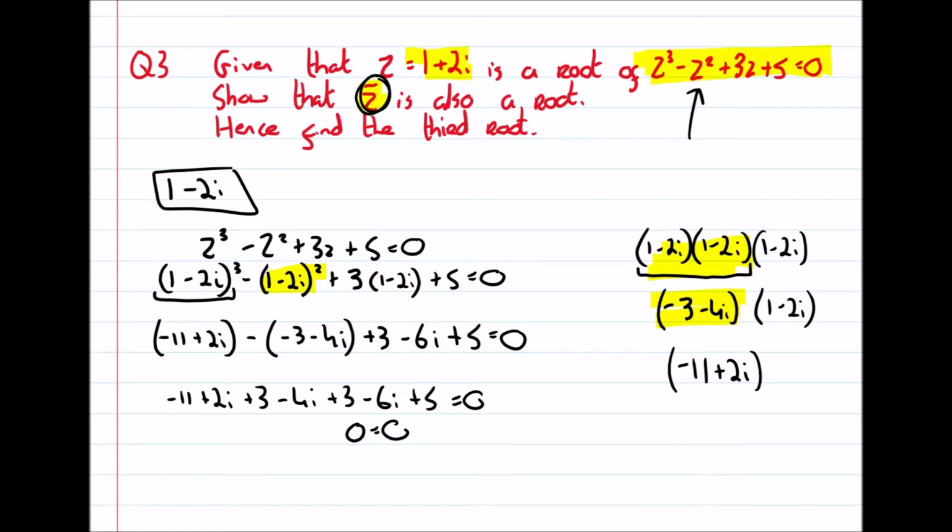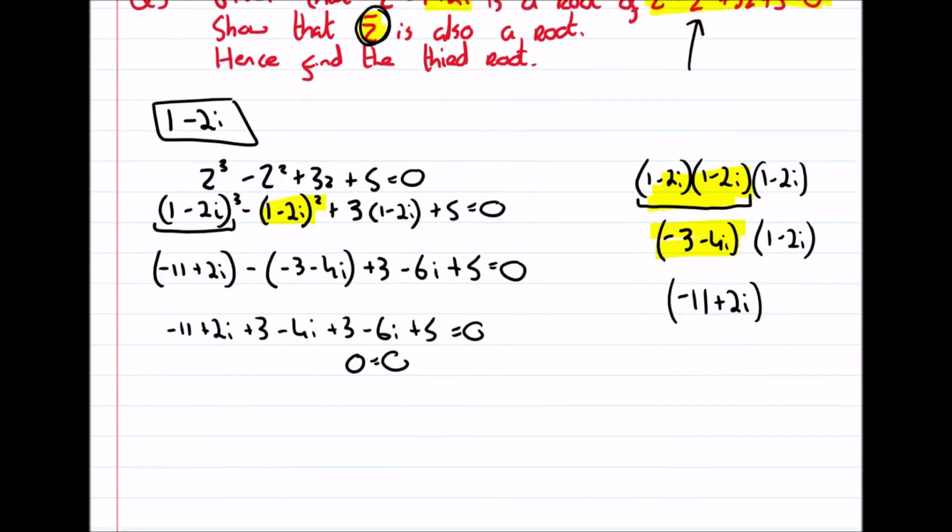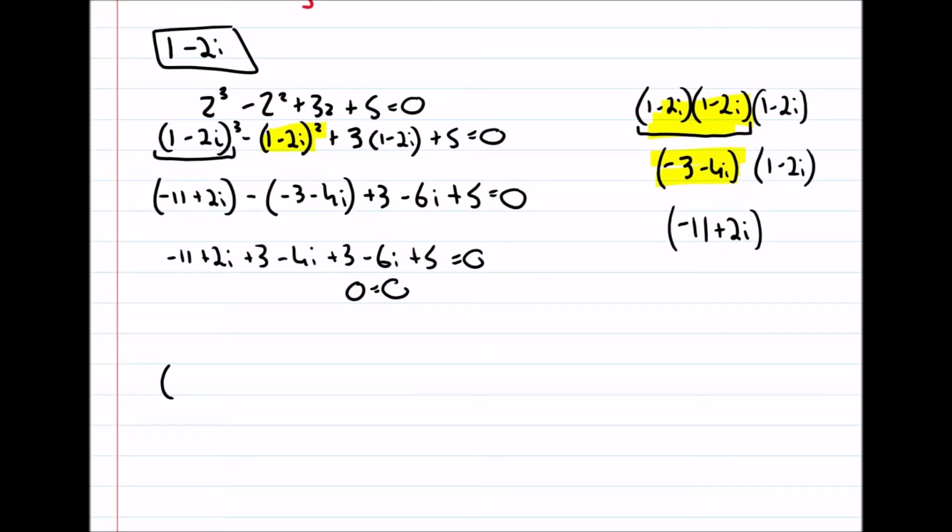And then it says, hence, find the third root. Well, here's how I find this. I'm going to write out the roots I know: 1 plus 2i and 1 minus 2i. I know their roots.